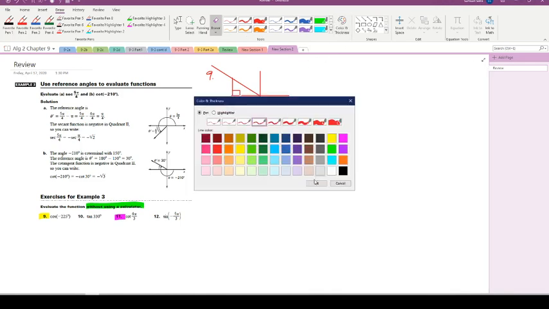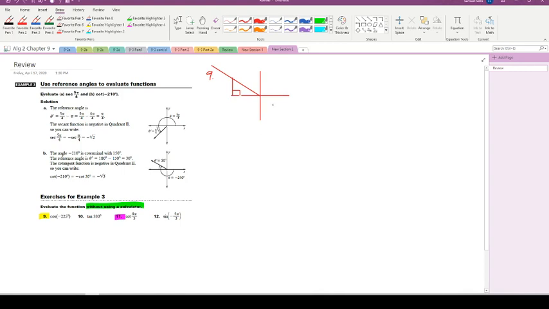Now let's identify our theta that we're looking for. We need to determine this angle in order for us to determine the cosine. We only need the cosine. Well, what quadrant is that? That is quadrant number 2.